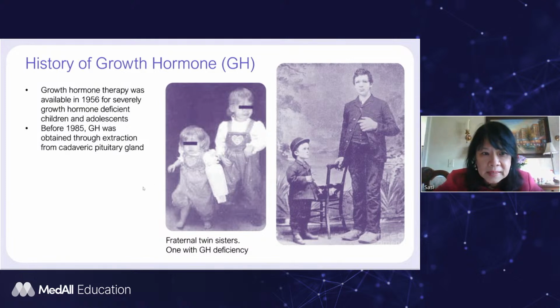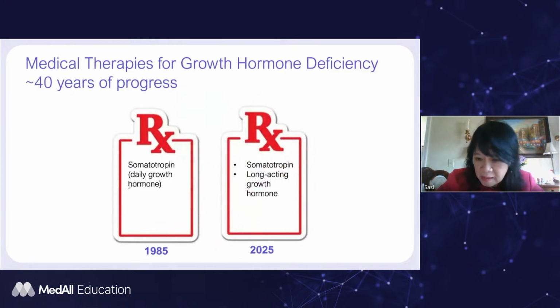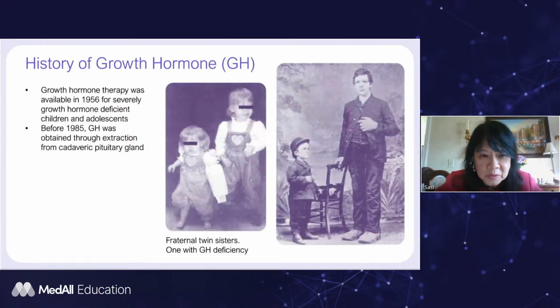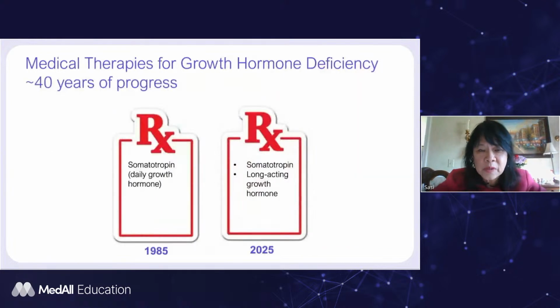In the past, before 1985, growth hormone was obtained through extraction from the pituitary gland of cadavers. But now we have recombinant DNA technology to synthesize growth hormone. So, 40 years of progress.